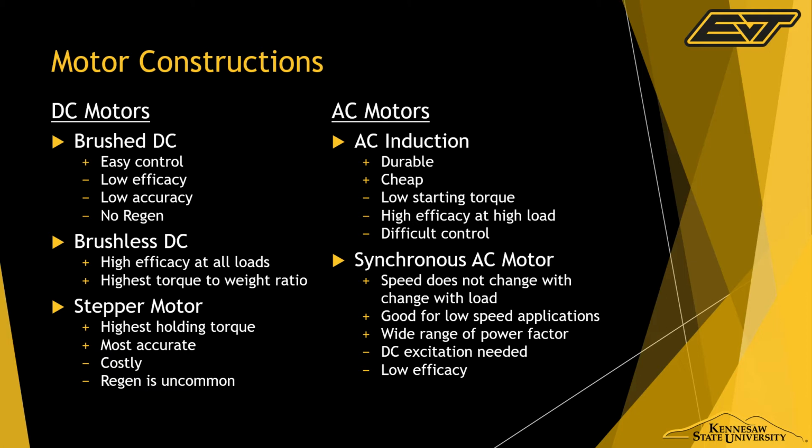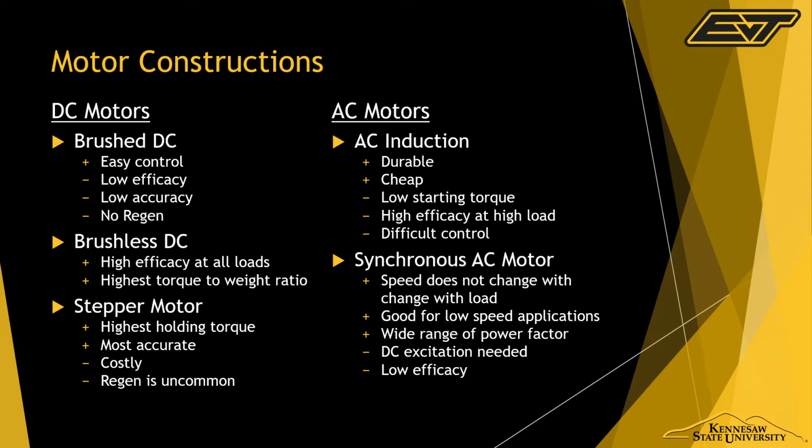One thing I do want to point out about brush DC motors is that they do not like overvoltage. Overvolting a brush DC motor is definitely a no-go. The brushes will wear out faster, and there's going to be a lot more arcing inside the case. Another thing with a brush DC motor is that there is no regen at all, and that has to do with how the motor spins.